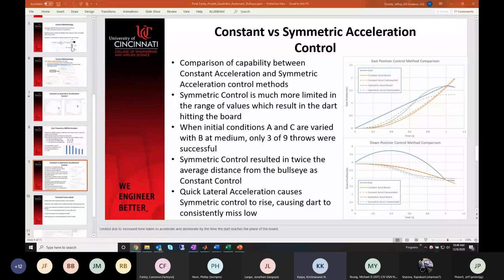And it really has to do with the fact that with the constant accel, we allowed it to accelerate through the dart and have a follow through, so it could be going a lot faster over that time versus the symmetric accel, which has to come to a complete stop at its target. So that time taken to accel and decel is much higher than just a constant acceleration. So you really lose out on the radius at which it'll be able to catch something by doing the accel and decel. Although it does look cooler in my opinion.